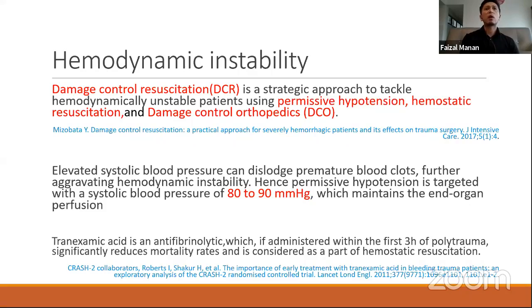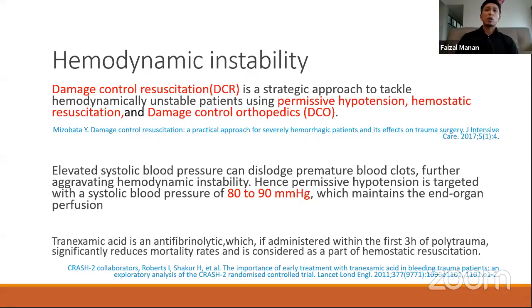So there's a concept called damage control resuscitation. It is a strategic approach to tackle a hemodynamically unstable patient using permissive hypotension, hemostatic resuscitation, and damage control orthopedics. Or if a patient has other injuries, then damage control surgery per se. So what it means is we have to try to maintain the blood pressure low within the acceptable value.